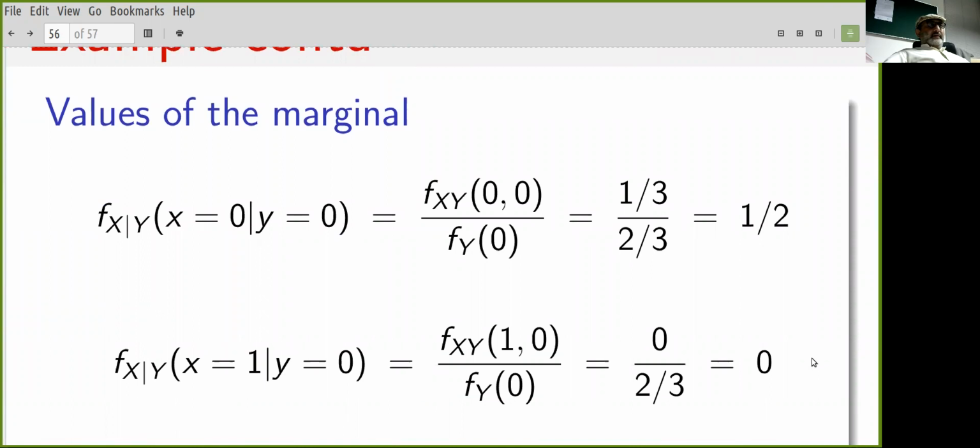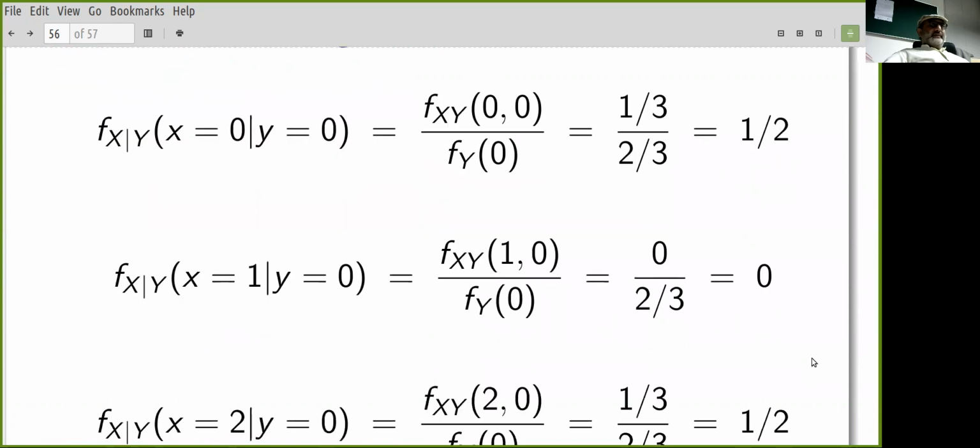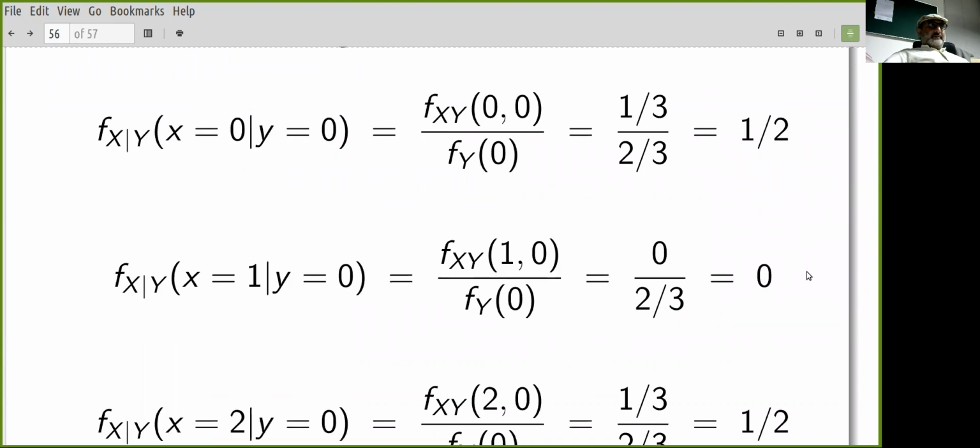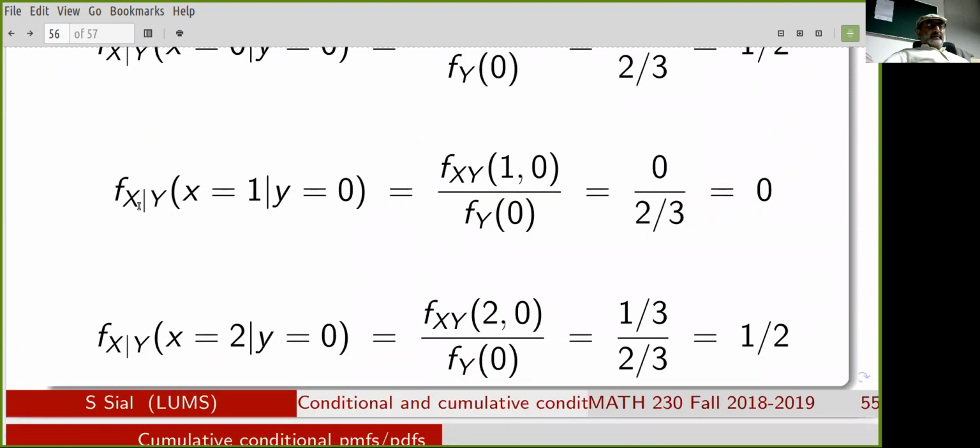And then once you've found that, for the conditional of x given y at x equals 0, y equals 0, you take your joint and you divide by your marginal. That's 1/3 over 2/3, which is 1/2. Now for the conditional for x given y equal to 0, evaluated when x is equal to 1, that's the joint at 1, 0 divided by the marginal at 0.